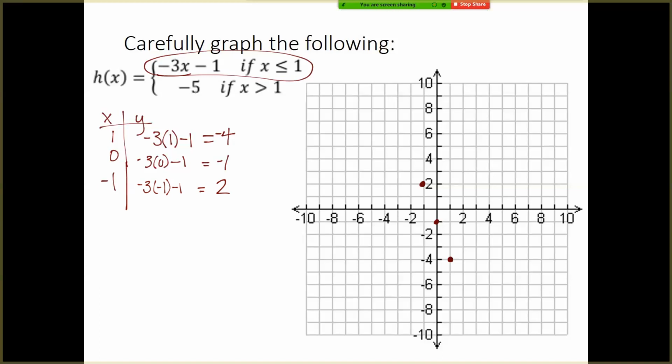So think, if I'm using x values that are less than 1, less than points to the left, so you're going to draw your line from this point all the way to the left. So your arrow goes to the left because x is less than or equal to that. So any x value that's to the left of 1, we can plug into that top. So our arrow actually goes to the left.